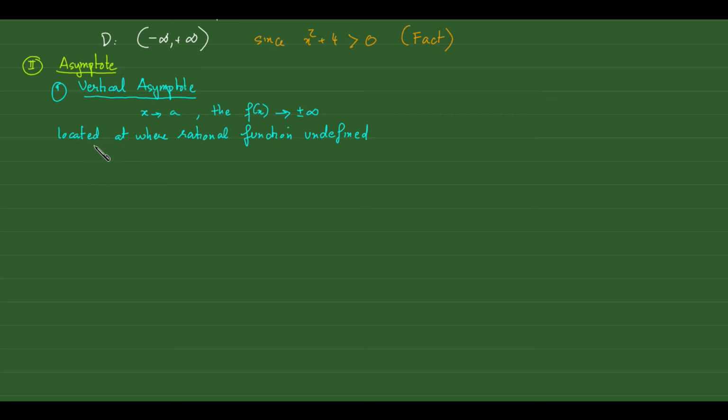Because it is located where the function is undefined, the vertical asymptote can be found by just looking at the domain. Look at the value where the function is undefined, the value that does not belong to the domain. That's all, right? For example, find vertical asymptote.